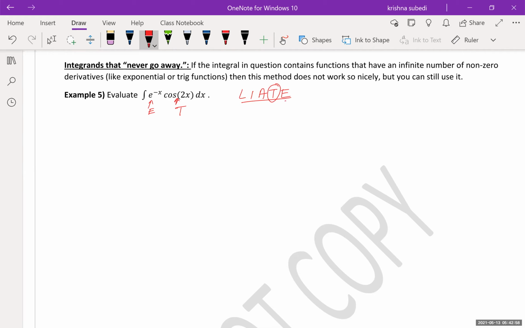T comes before E. Therefore, your u will be this, and your dv is e to the negative x dx. So guys, if you want to use the integration by parts, the first method, you have to use it quite a few times. That's time consuming. So to make life easy, I'm going to use the tabular method for this again.